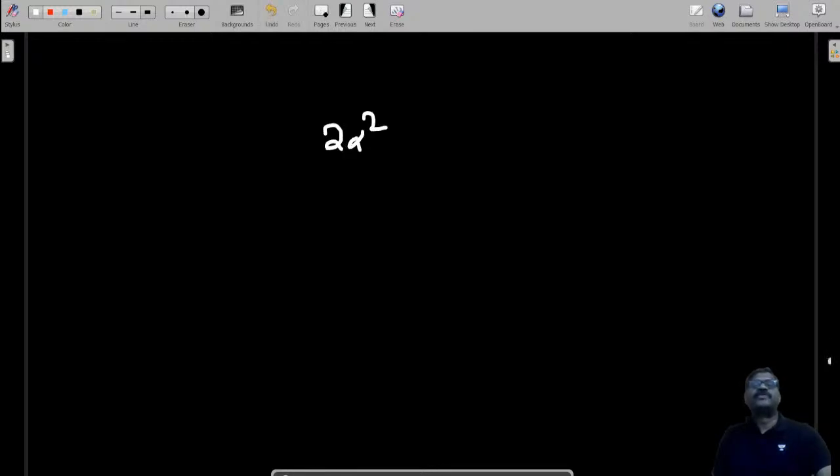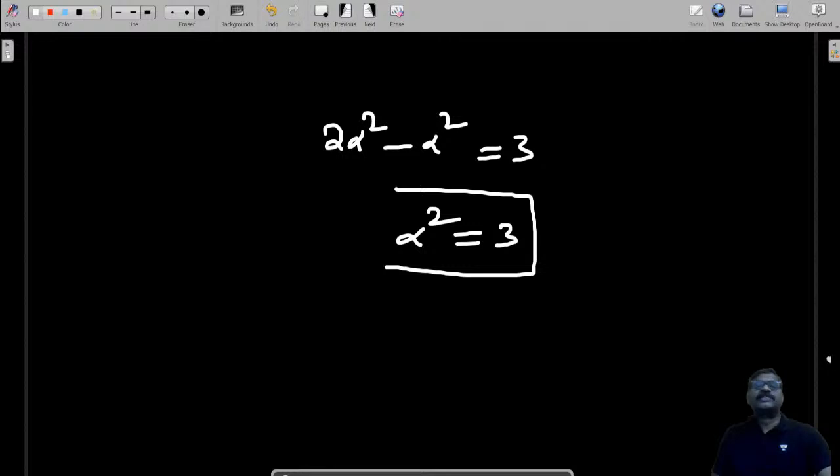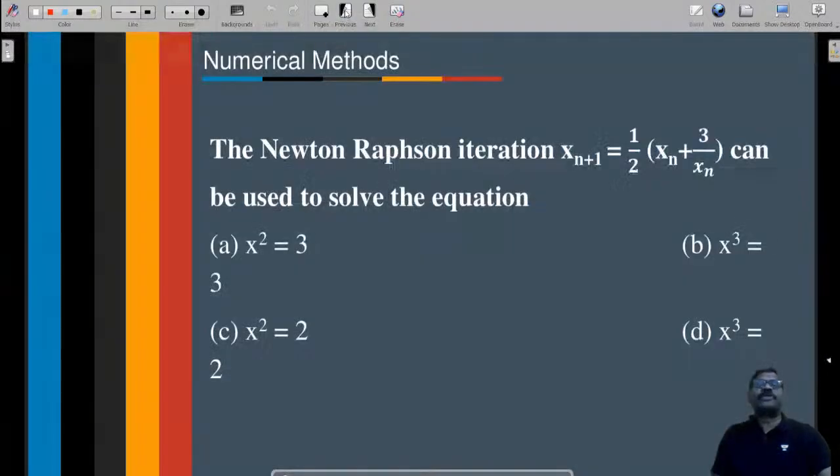Therefore 2 alpha square minus alpha square equal to 3. Finally alpha square equal to 3. Therefore the function is x square equal to 3. X square equal to 3 is the correct answer.